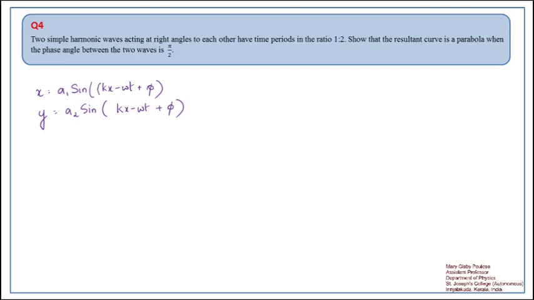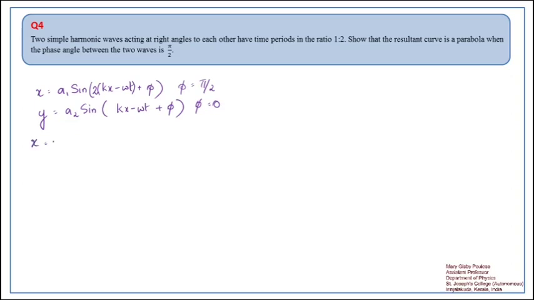So we have a sine term with 2 times kx minus omega t. And we need to show that the resultant curve is a parabola when the phase angle between the two waves is pi by 2. So here let the phase be pi by 2 and here let it be 0. So the phase difference is pi by 2.